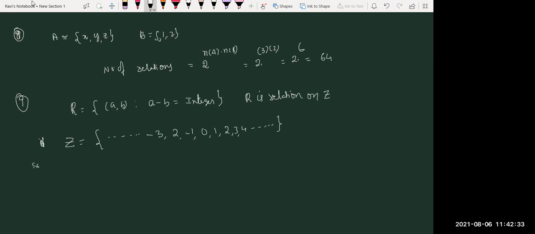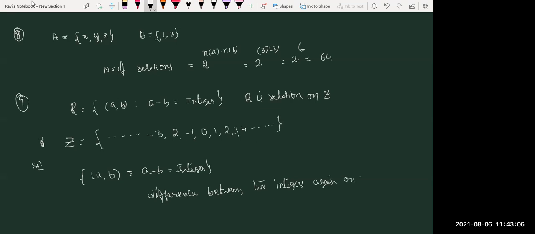I am writing the solution. a comma b, a minus b is an integer. This means the difference between two integers is again an integer, correct?